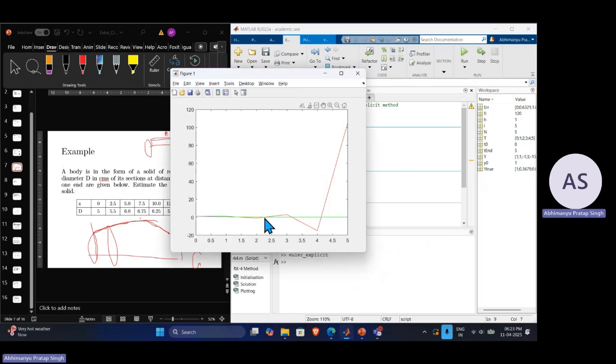Now you see after a certain time the solution goes unbounded. That is the problem with these explicit methods. The error keeps adding up together. For y1 the error is less, then for y2 it becomes more, then y3 much more, then y4 even more, and eventually for y5 it goes unbounded. Okay.